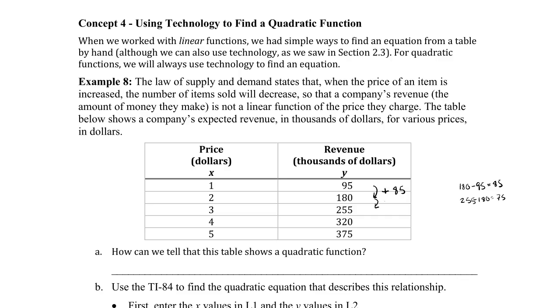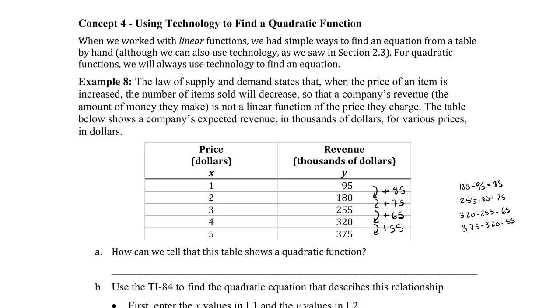So here we're adding 75 to the revenue. 320 minus 255 is 65. So here we're adding 65 to the revenue. 375 minus 320 is 55. So here we're adding 55 to the revenue.